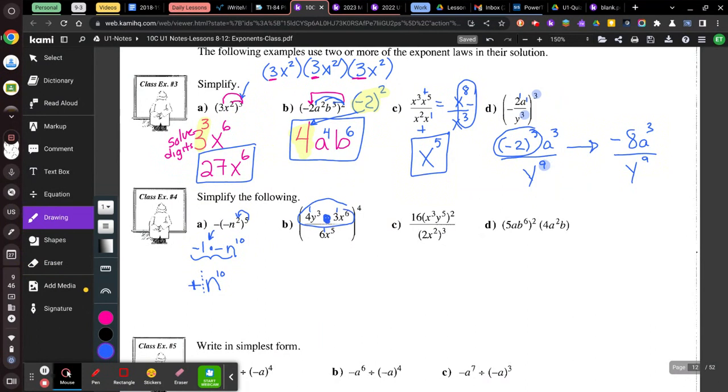I don't, but I've got digits. So I'm going to simplify my top by multiplying my digits. So I'm going to get 12x^6y^3 over 6x^5, all to the 4. Can I simplify my bracket more? What do you see inside that bracket that I can get rid of and simplify?